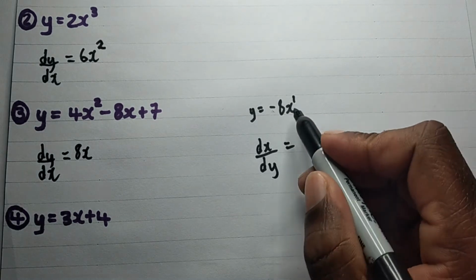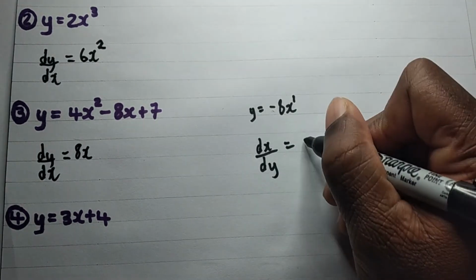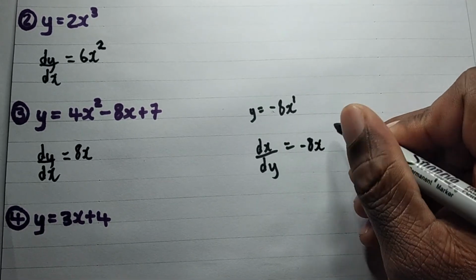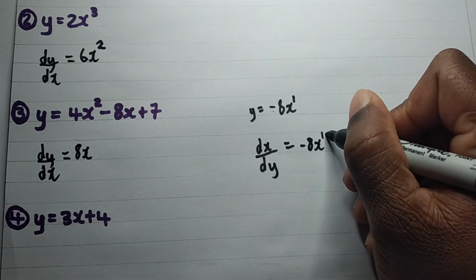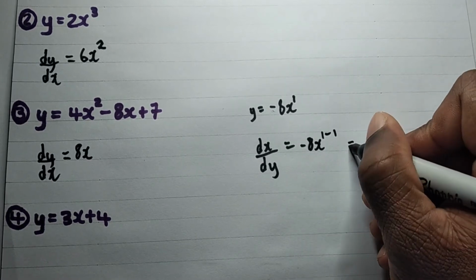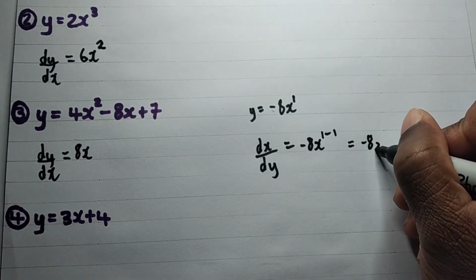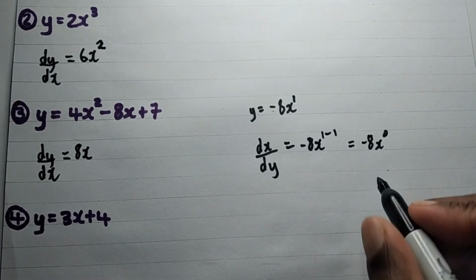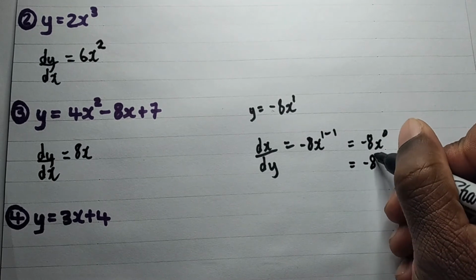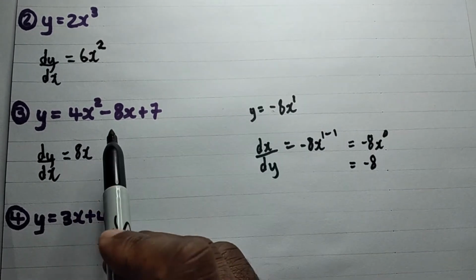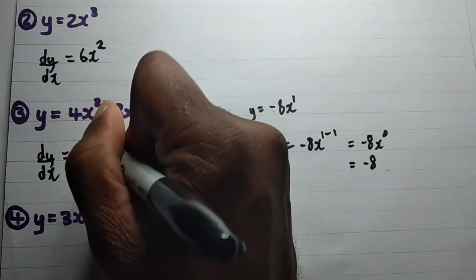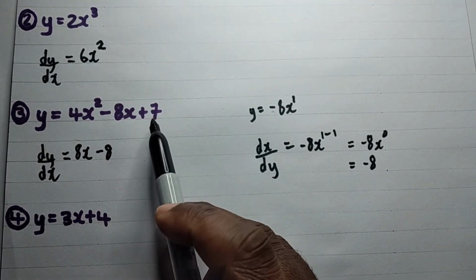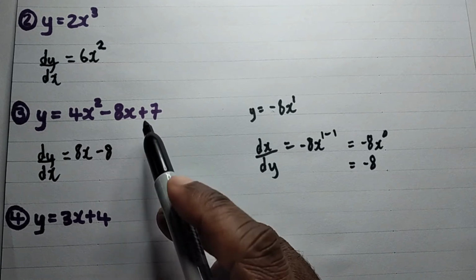So we multiply by the 1, and negative 8x remains. Then we have 1 minus 1, so this is the same thing as negative 8x to the power of 0. Anything raised to the power of 0 is 1, so this is the same thing as negative 8. So if we differentiate negative 8x, we get negative 8. The derivative of any constant gives us a 0.